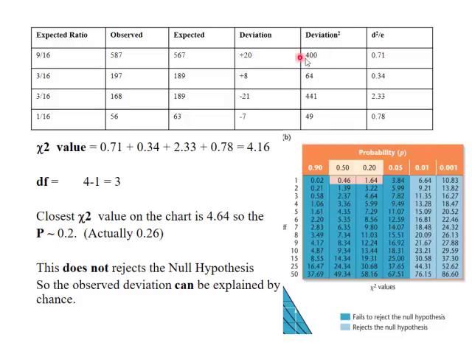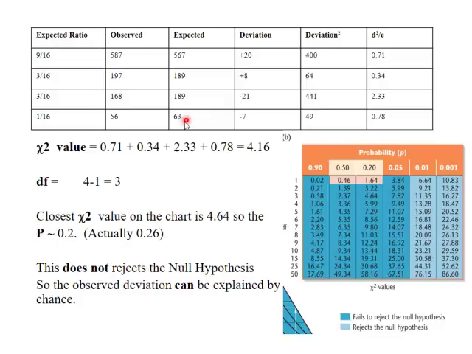We then take these deviations and divide them by the expected to get the chi-square value for this category. And you get 0.71, 0.34, 2.33, and 0.78. Again, we just took each of these numbers, the d squared, and divided it by the expected value for that particular phenotype.